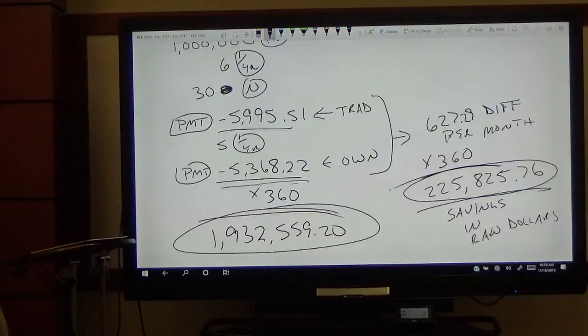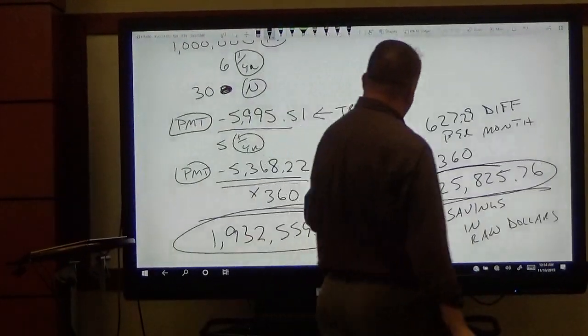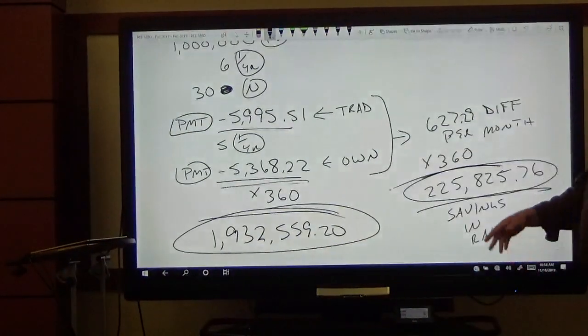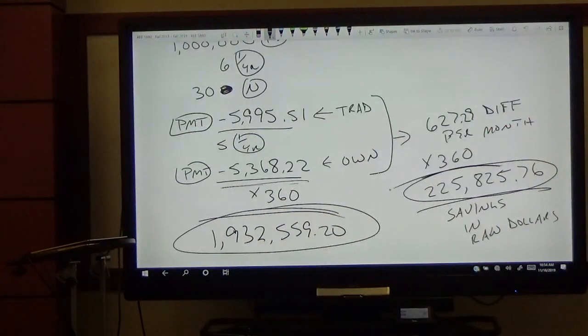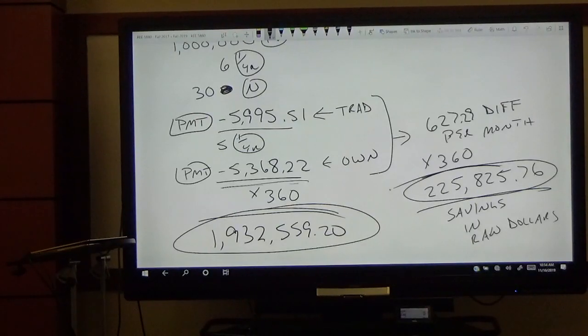Because if you're the borrower, you've only got two options. One is to finance the property with me at 5%. The other is to finance the property with the lender at 6%. Those are your two options. Okay?